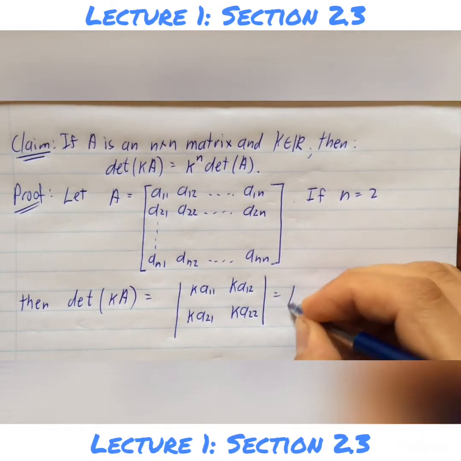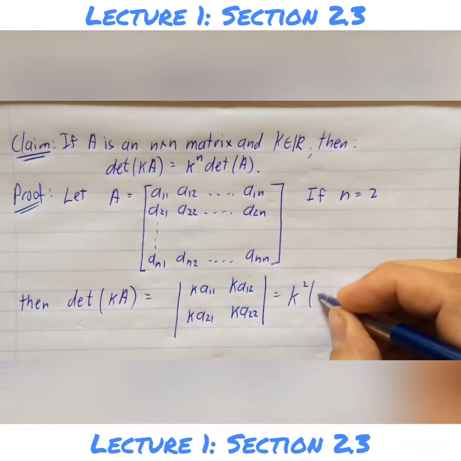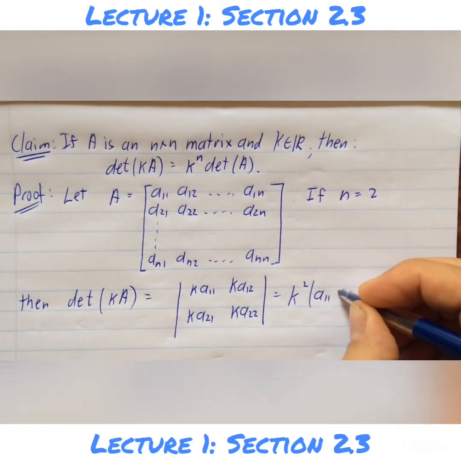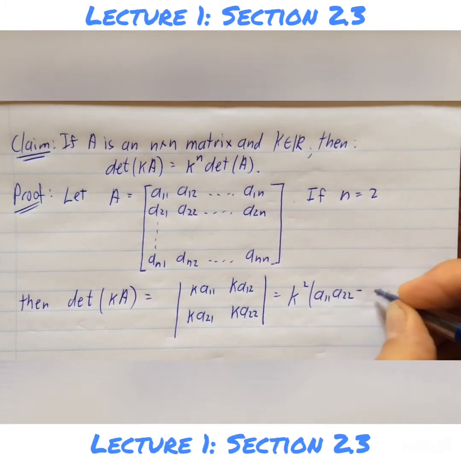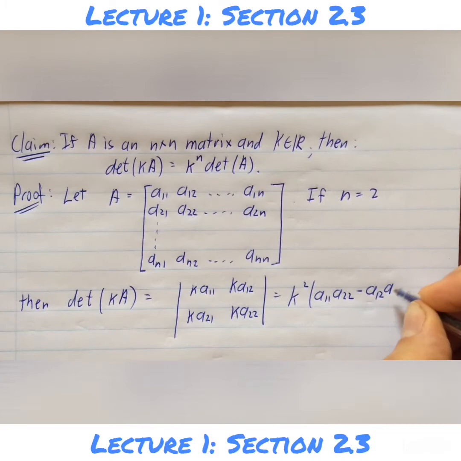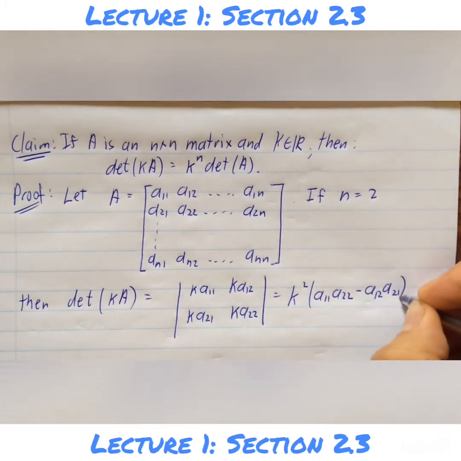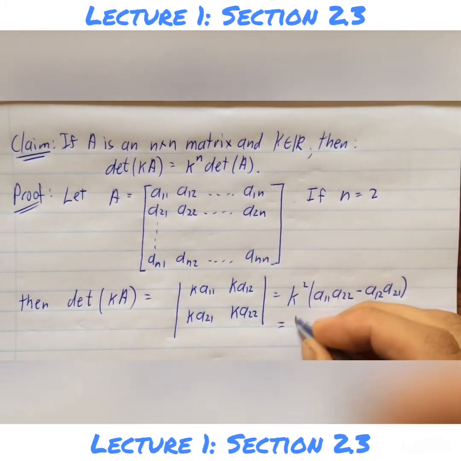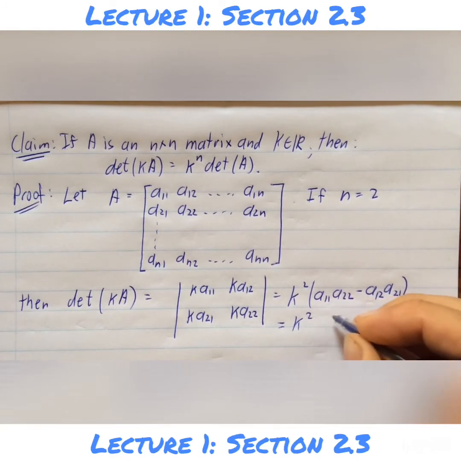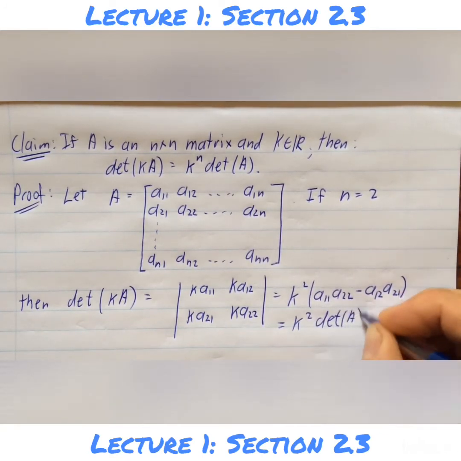And we know that's basically k squared multiplied by a11 a22 minus a12 a21. And that is the same as k squared multiplied by the determinant of A.